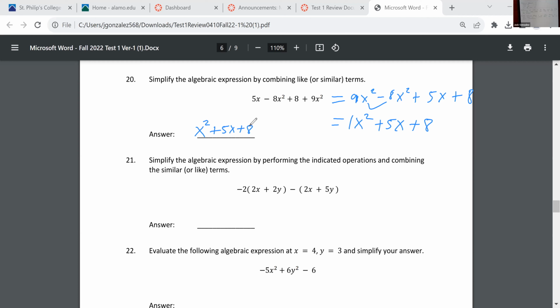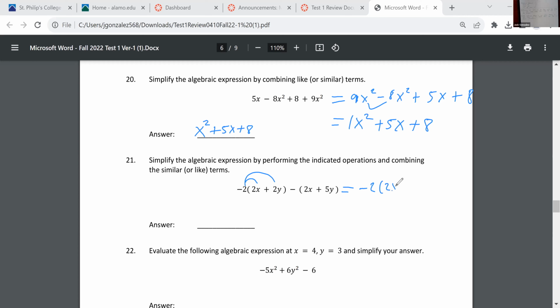There were quite a few steps to show. What did you do first? -2 times 2x. So -2 times this guy, and then again, it's negative 4x. Show the step.